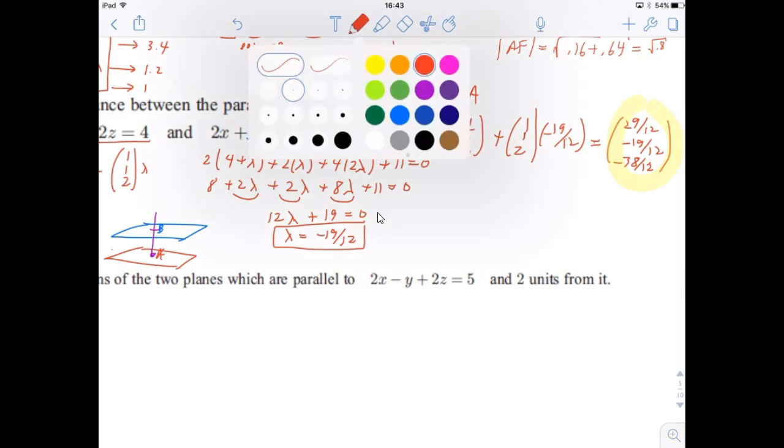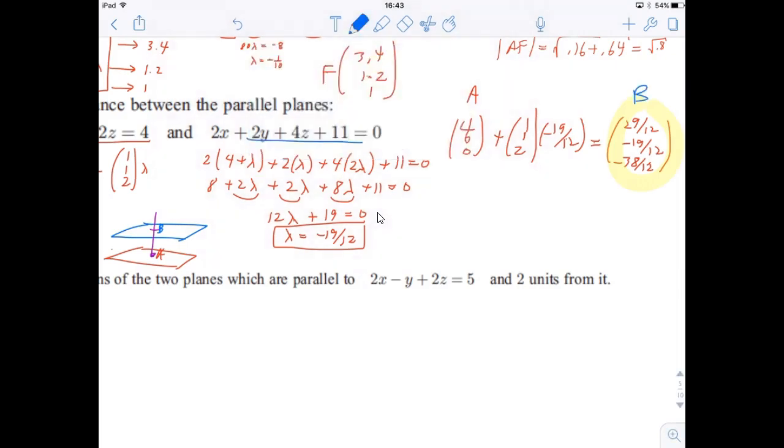And this point we just found is B, right? But actually what we want is the vector AB, and it turns out that the vector AB is this here. This is the vector AB. So we didn't really have to find B. What we really want is this.